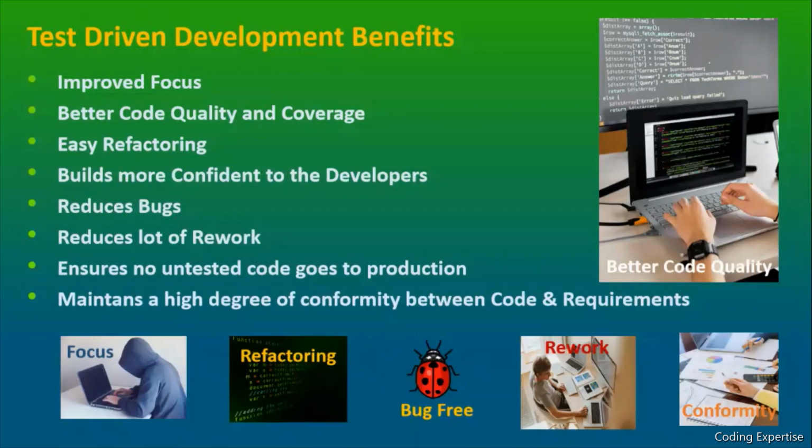As we are covering all the unit test cases, that reduces a lot of rework. It also ensures no untested code goes to production. Code logic implementation and the requirements are properly synced at the initial phase itself. That maintains a high degree of conformity. So that talks about test-driven development benefits.